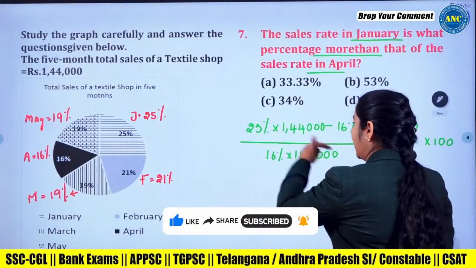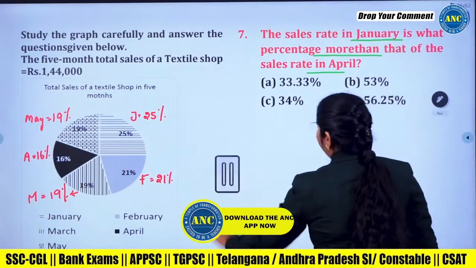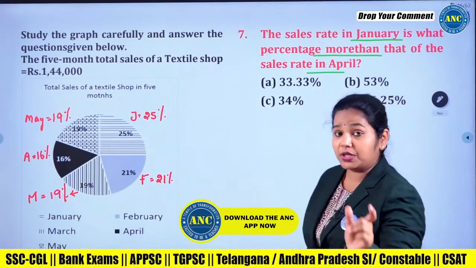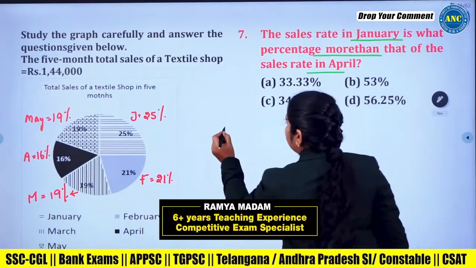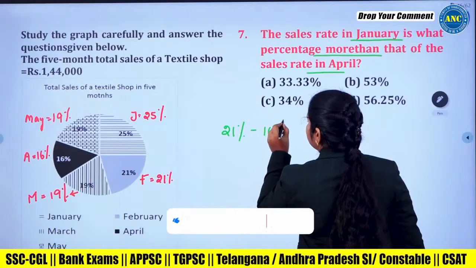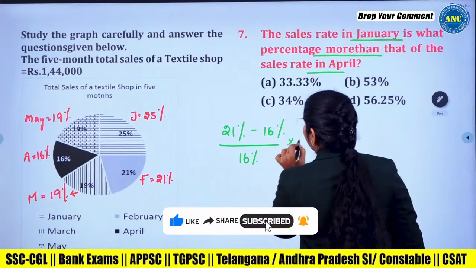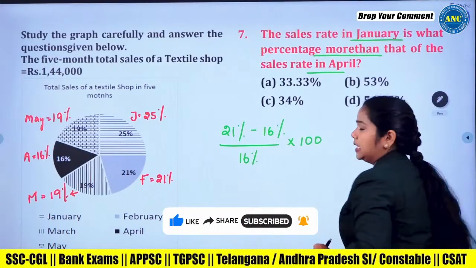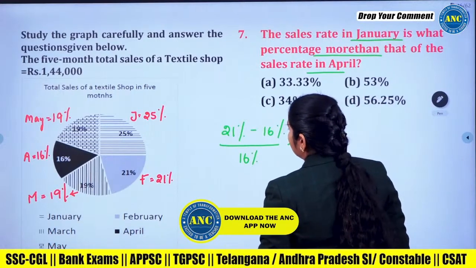Then how can we handle this? As I told you in the previous question, we just took the difference of percentages. Same thing we will do here. We'll take the difference of percentage: 21% minus 16% by 16% into 100. 21 minus 16 is how much? 9.